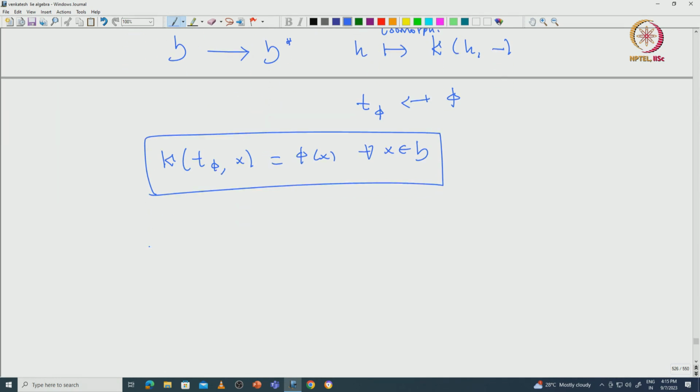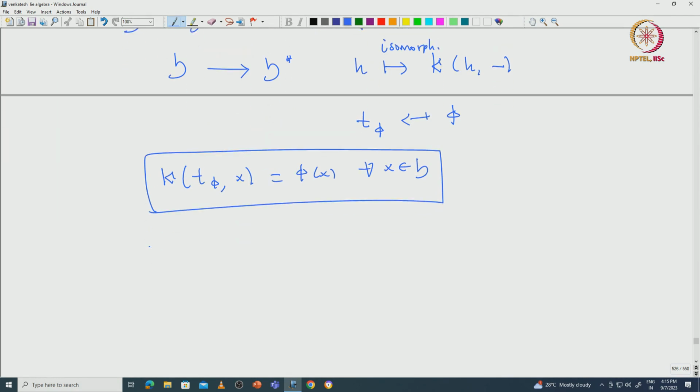Now we take the Killing form that is defined on H and push it to H star. Oh sorry, the Killing form is defined on H, so we push it to H star. Again we have this identification of H with H star using the Killing form, so we just use that identification, in particular pi goes to t pi.